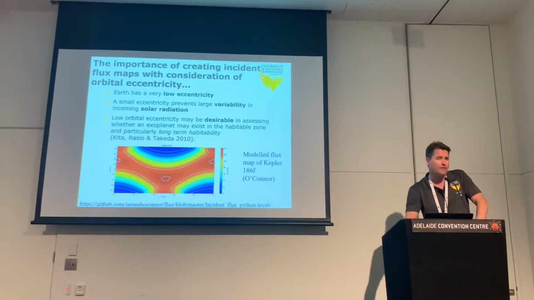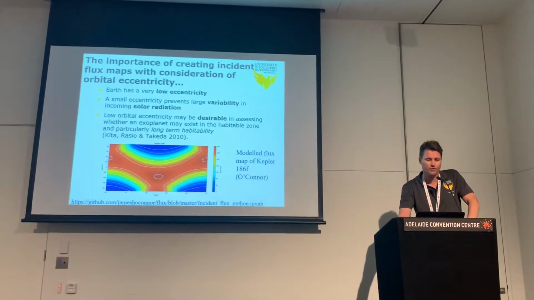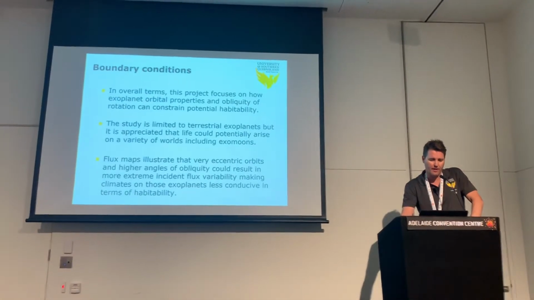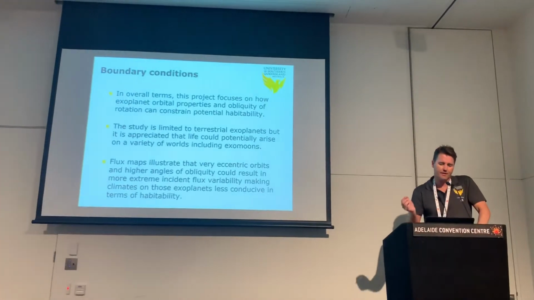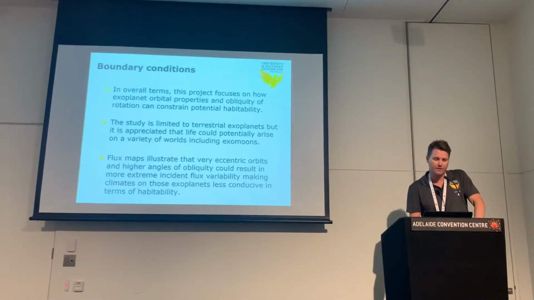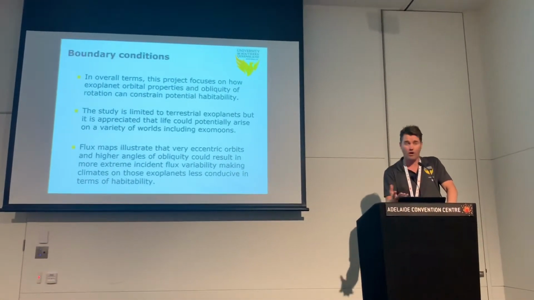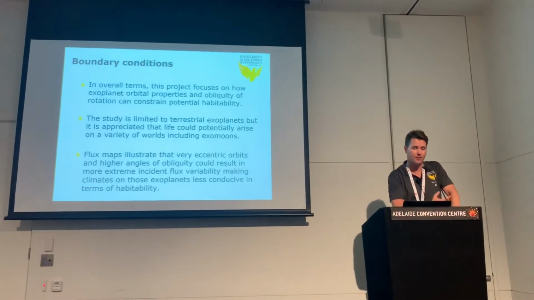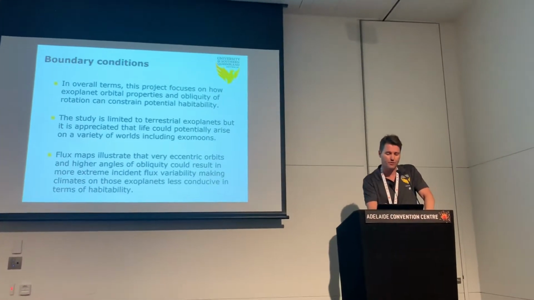Remember, habitability is a very loaded term, and so I use it with caution. So the overall aim of the project was to look at these flux maps and create them for a number of the exoplanet targets that I chose. Also, not to say that there are other opportunities potentially to find exoplanets that could potentially have life, such as exomoons.